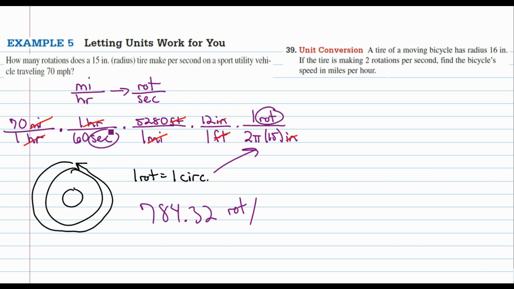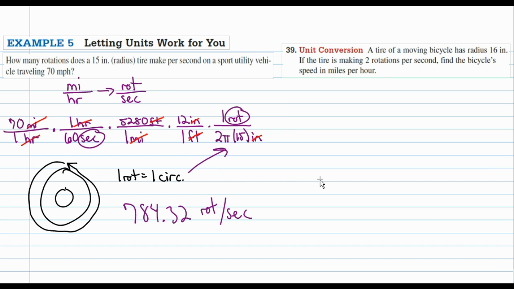Now try problem number 39. It says that a tire of a moving bicycle has radius 16 inches. If the tire is making 2 rotations per second, find the bicycle's speed in miles per hour. So I'm starting out with rotations per second, and I'm converting to miles per hour.